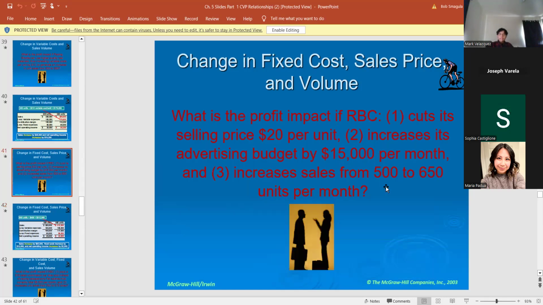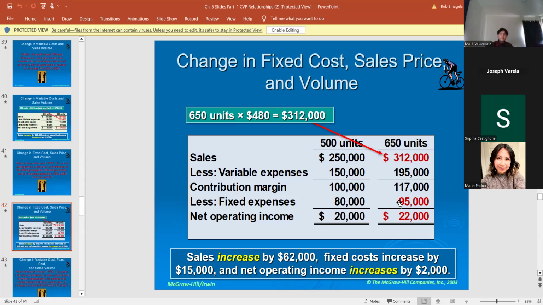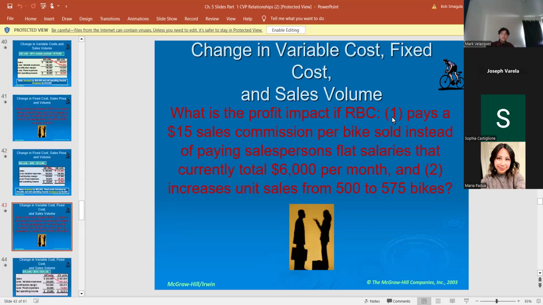The fixed costs have gone up 15,000. For advertising, we end up increasing our net income by 10%. We went from 20,000 to 22,000. That's a pretty good bump. Sales increased by 62, right here. We sold more for less, but the volume paid off.